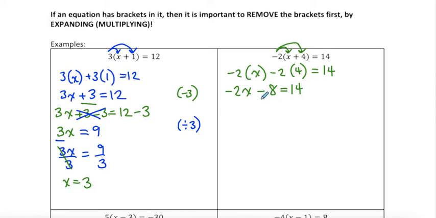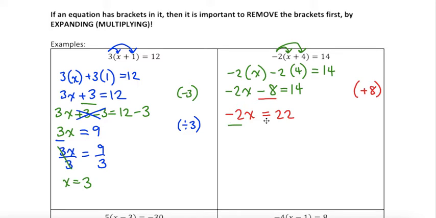So I'm going to start by removing the constant. The opposite of subtracting 8 is adding 8 to both sides. Negative 2x, negative 8 plus 8 is 0. And 14 plus 8 is 22. From here, I need to eliminate the coefficient in front of my variable.